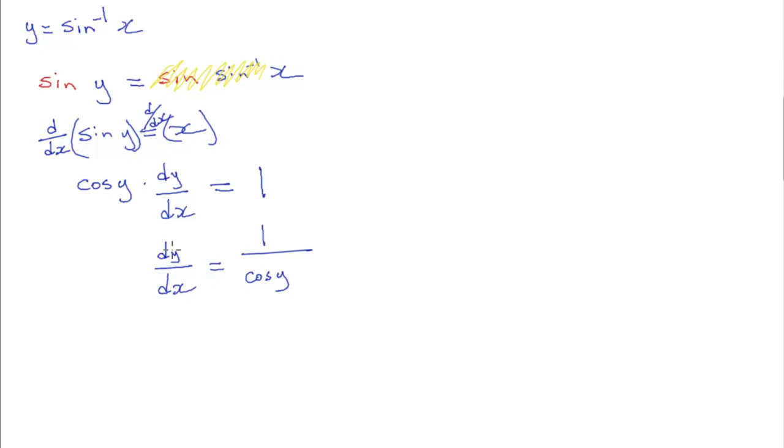But we don't want the derivative of y with respect to x to be expressed in terms of y, so we need to get rid of this y. In order to do that, the first thing we're going to do is say, well, we know that cosine squared of y plus sine squared of y is always equal to 1.